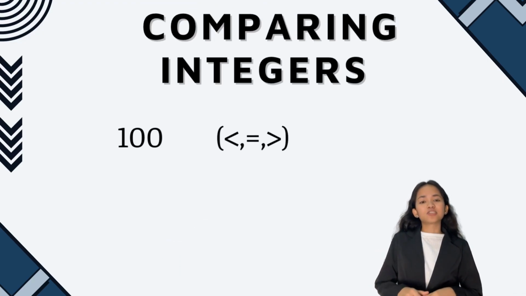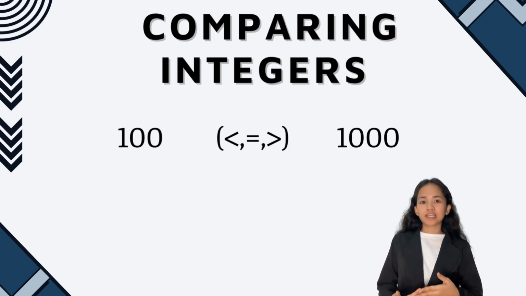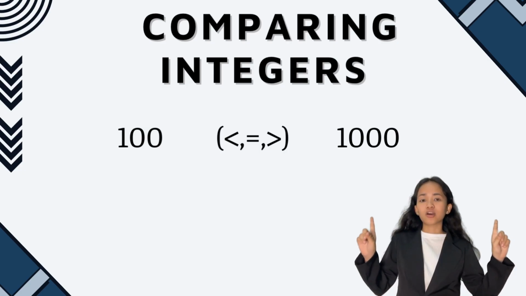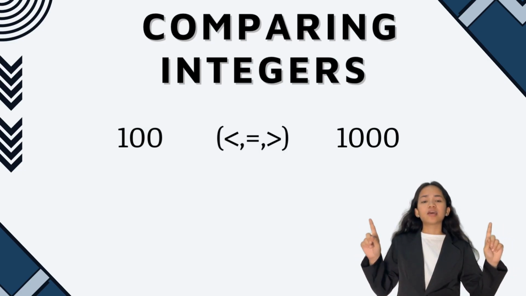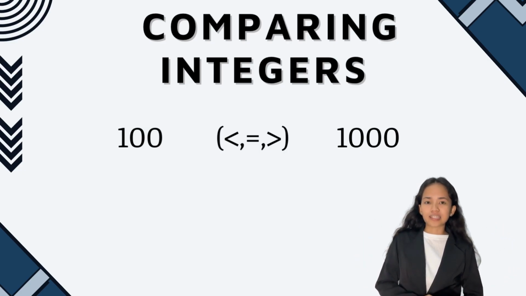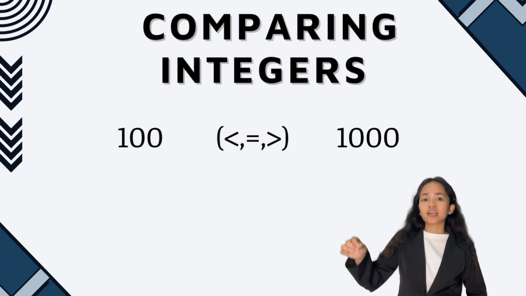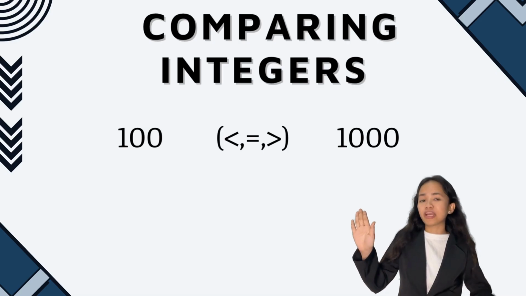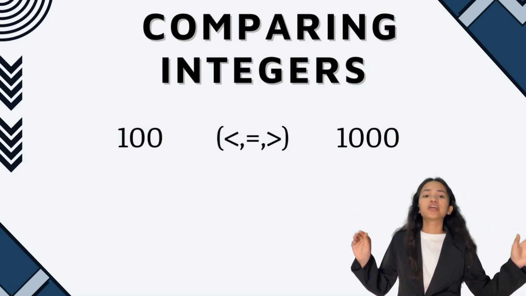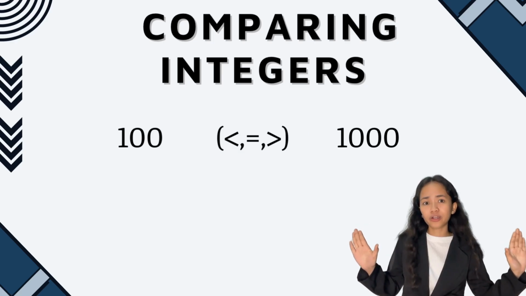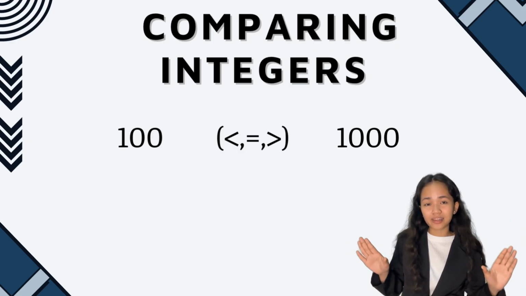Okay, class. As you can see on the screen, we have 100 on the left side and 1,000 on the right side. Which do you think, class, is greater than the other? Is 100 greater than 1,000? Or is 1,000 greater than 100? Or are they both equal?